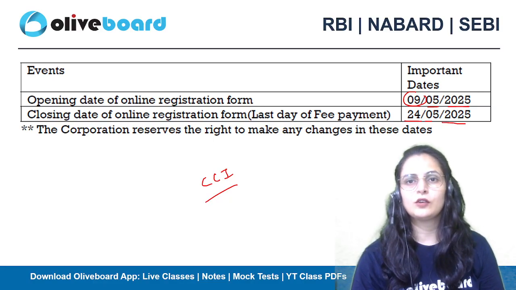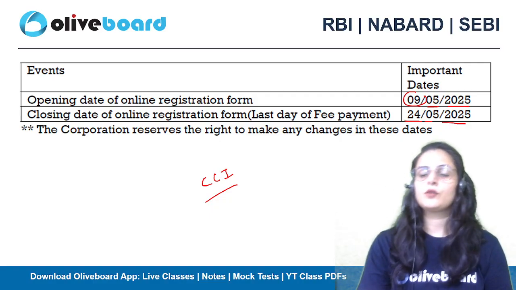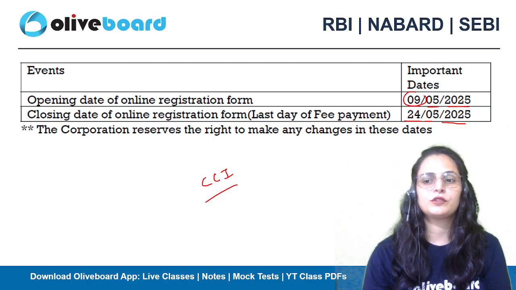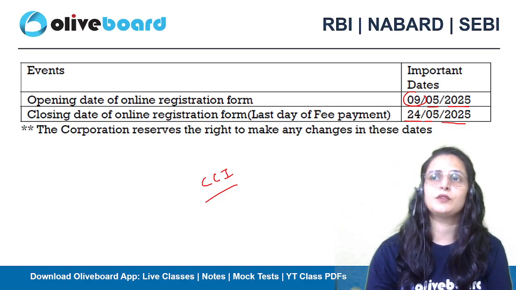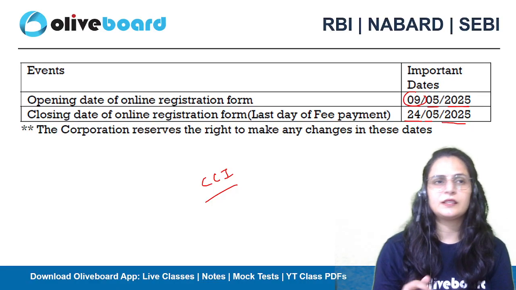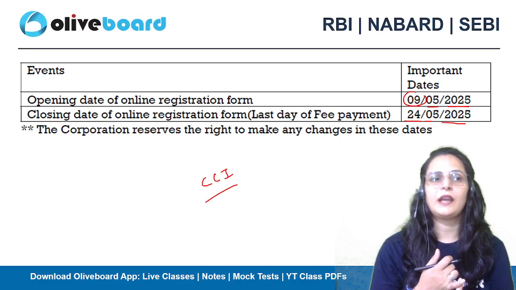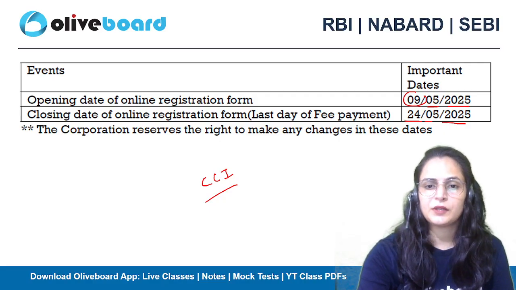So if you are thinking of targeting this examination, please make sure that you apply before 24th May 2025, because you have to upload documents and complete many things. You don't need to wait for the last date. Okay, so let's start our discussion.